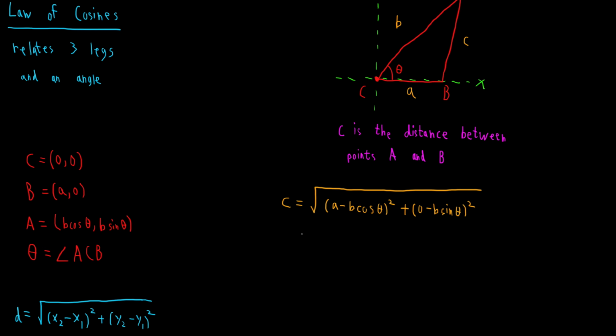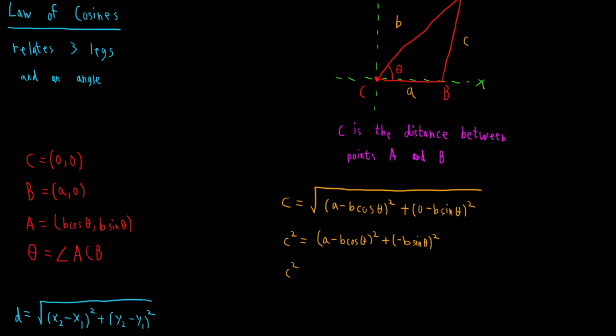Now let's square both sides. So we have C squared equals (A minus B cosine theta) squared plus (minus B sine theta) squared. Now let's expand.